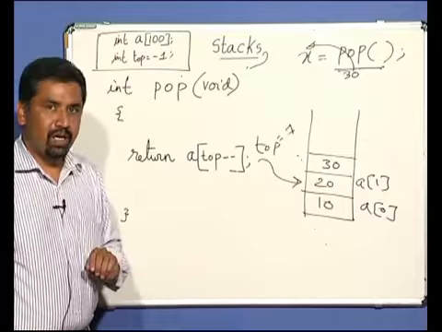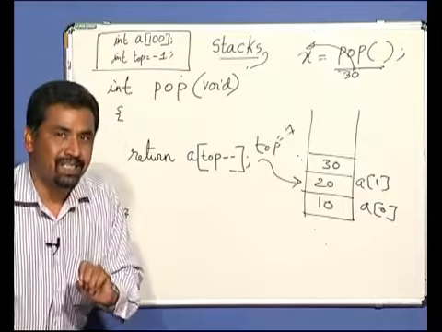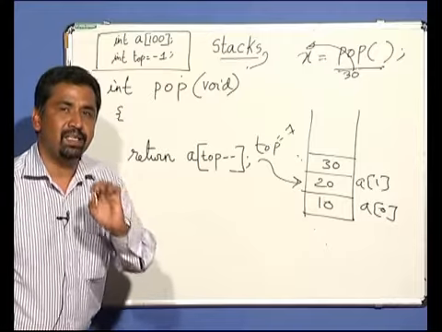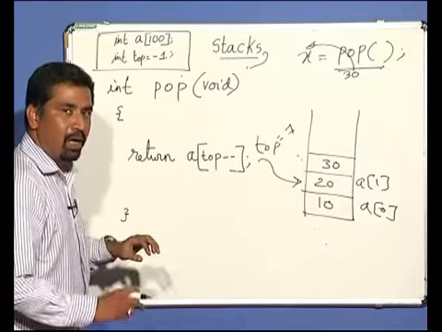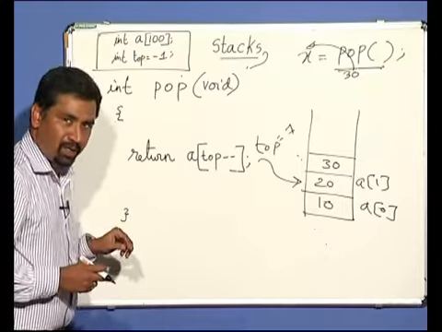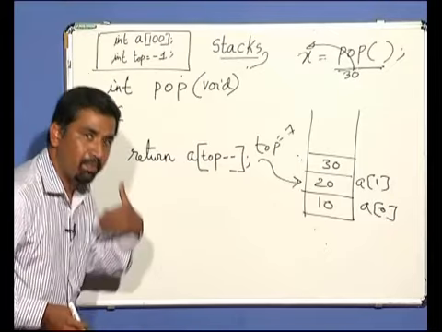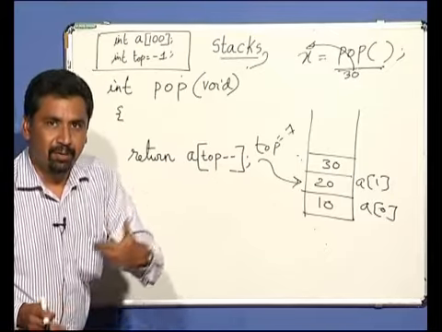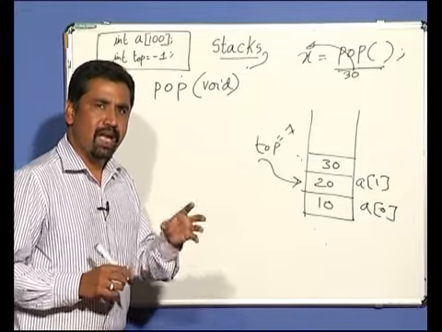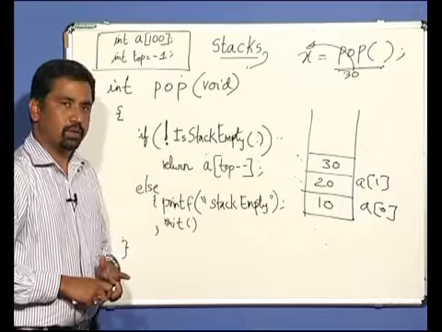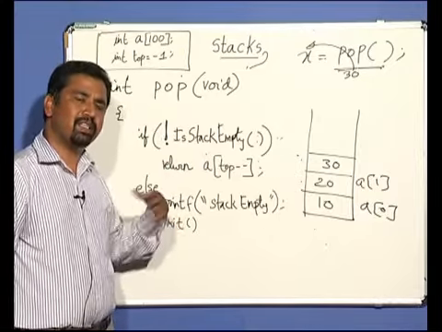And one more thing I would like to add here, like I already told you, while you are popping, it is always necessary to check whether the stack is empty or not. I will show you how that has to be incorporated here, because you can't simply call pop anytime you want. When you call pop, make sure that the stack is not empty. So this is how we generally write the error checking code.